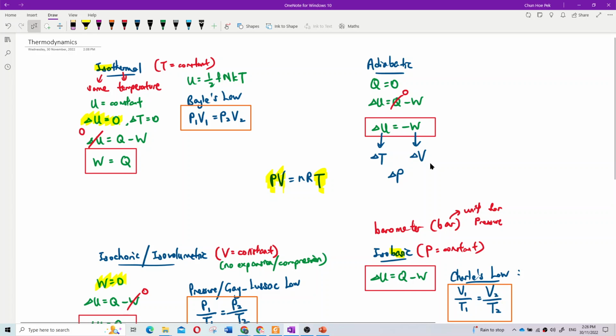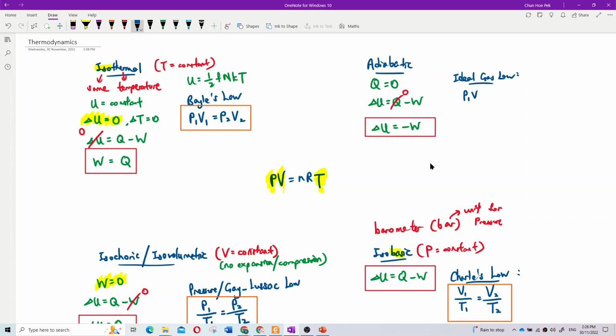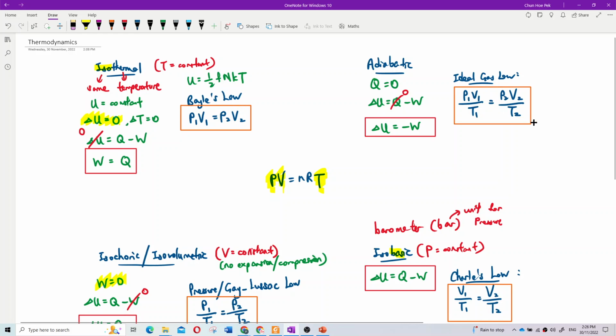In that case, the formula will be just the ideal gas law: P1 V1 over T1 equal to P2 V2 over T2. If you still want to use a formula, this is the formula.